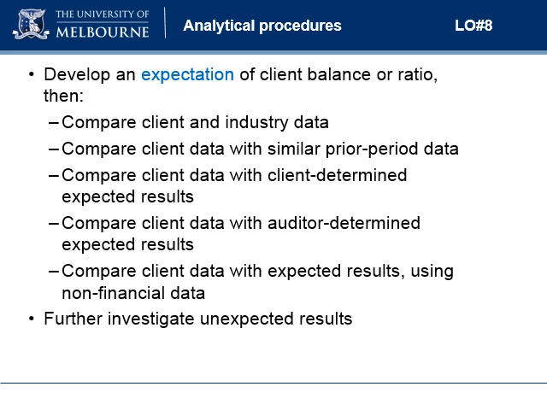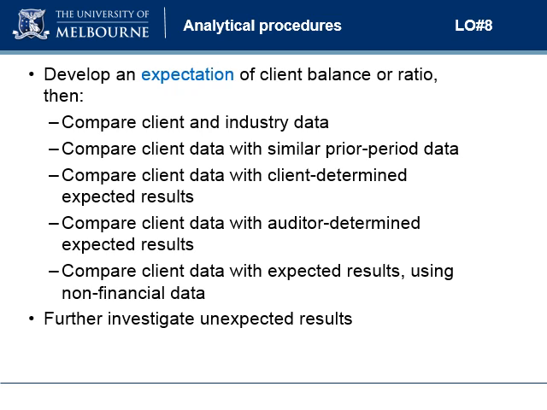So how the auditor actually goes about applying APs is that first of all, the auditor has to come up with their own expectation of what a client balance should be or what a financial ratio should be, and then makes an appropriate comparison. So it could be comparing client data with industry data.